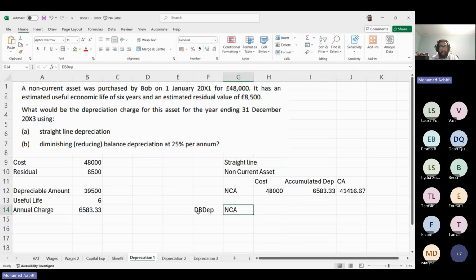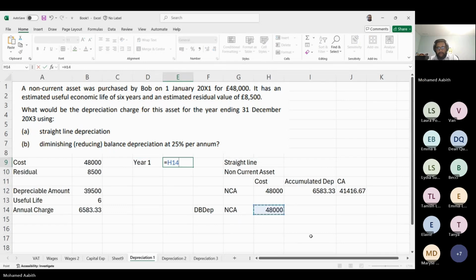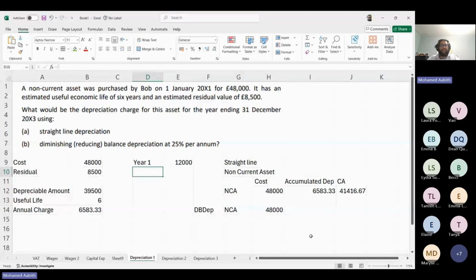Here the first time the cost is 48,000 pounds. How much depreciation can I charge in year one? So let's say here year one. Year one will be this amount times 25%.